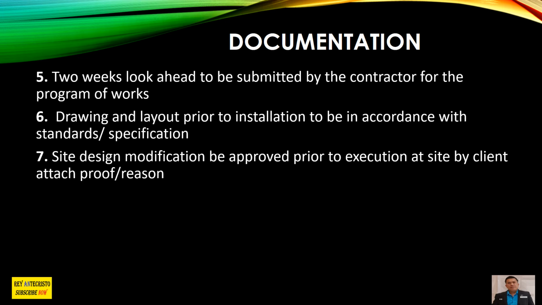Maybe during the design stage there is a minor problem, and then there is an obstruction between all the disciplines: mechanical, piping, electrical, and instrument. And then that's the time when you install your instrumentation, like a transmitter or any controls, or in electrical there is an obstruction from the instrumentation or from the mechanical. So that is a site design modification to be approved before execution.